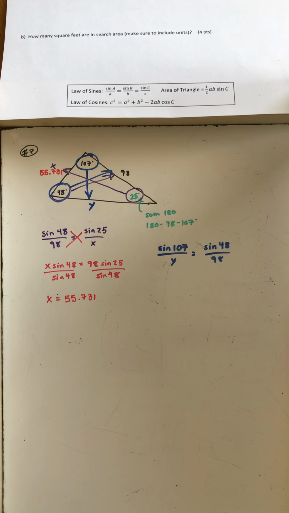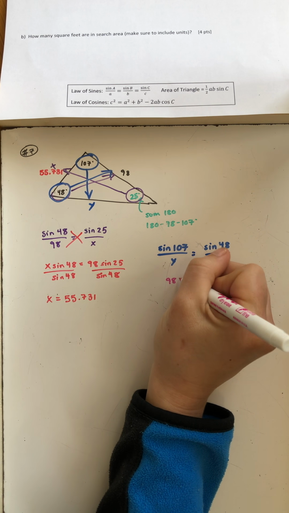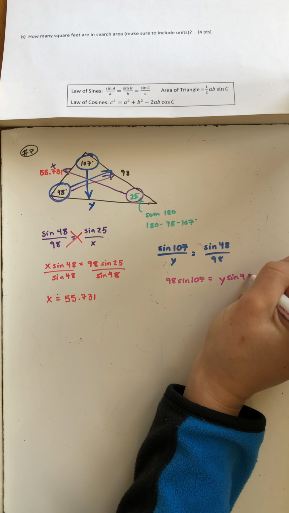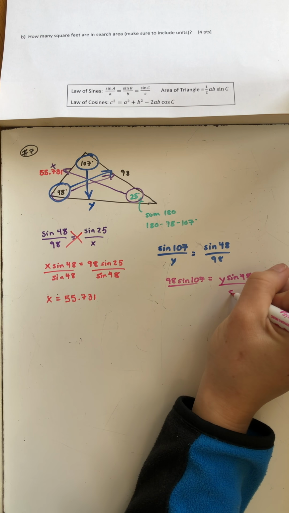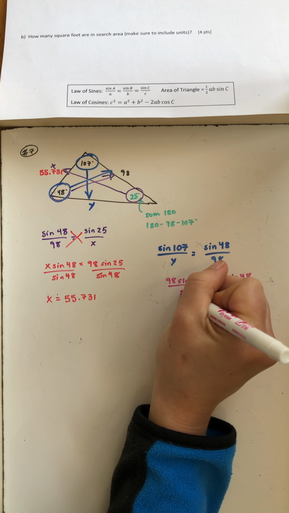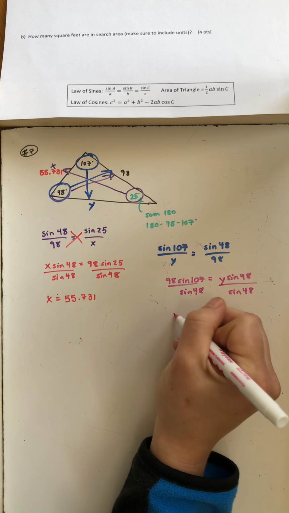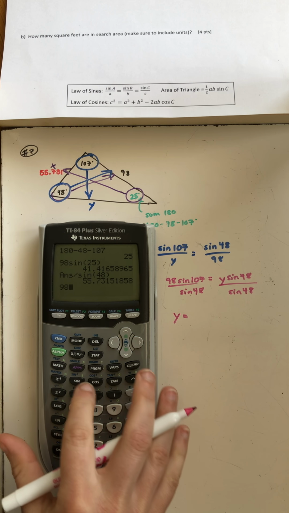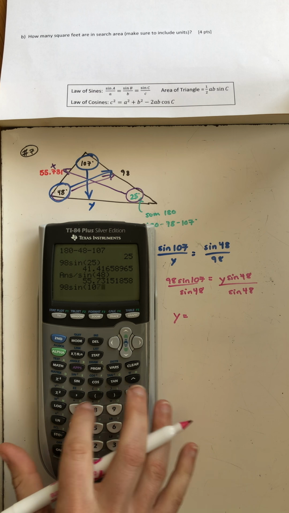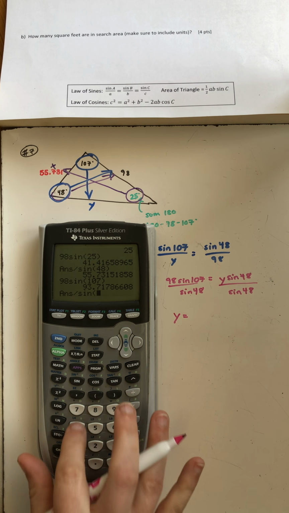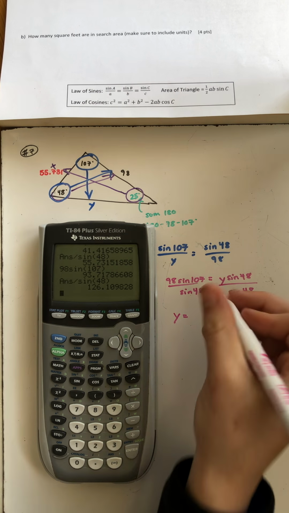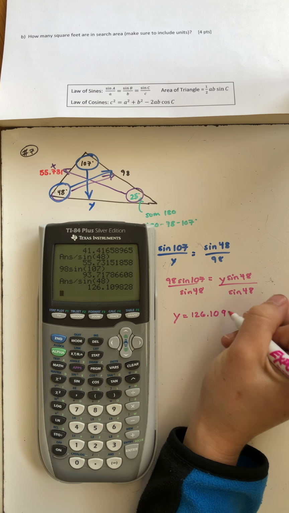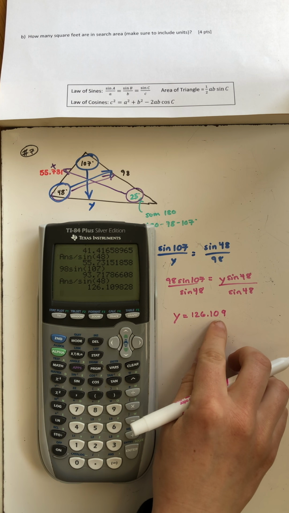I'm going to cross multiply and divide by the sine of 48. And I have 98 sine of 107 divided by the sine of 48. So 126.109, or you can write 0.110.